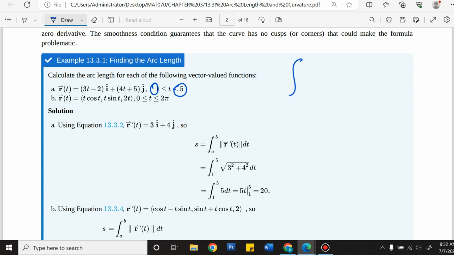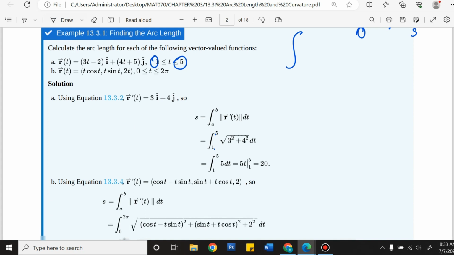Now, in your integral, class, it is always arranged so that the bottom is the smaller number. When we say smaller number, we are talking about the number line. The closer to the left, the smaller. So, for example, 1 is here, then 5 is there. So, 1 is smaller. So, we have 1, 5.